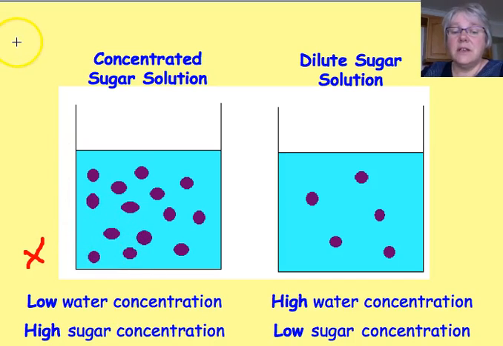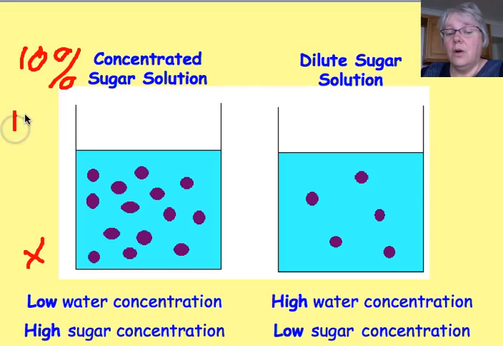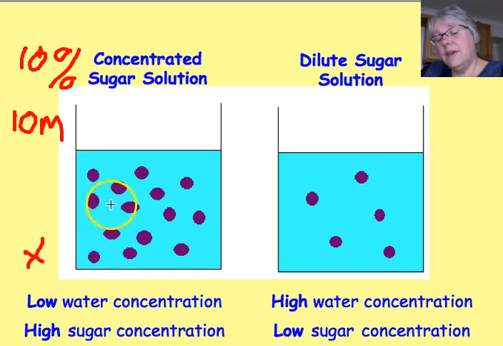So if we said this was a 10% sugar solution, or sometimes they're written as molar solutions, so we could say this was a 10 molar solution, it's pretty strong, then the more concentrated it is, the lower the water concentration.